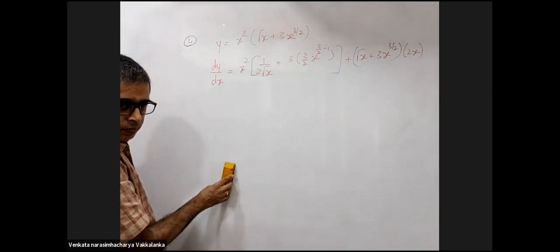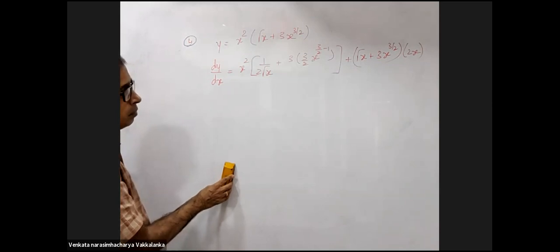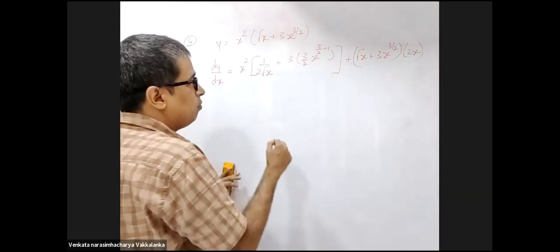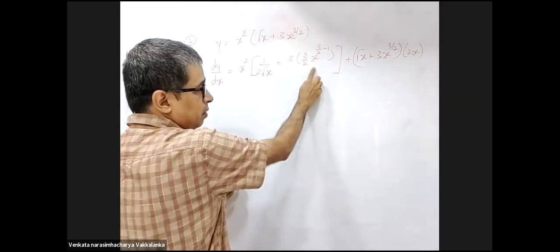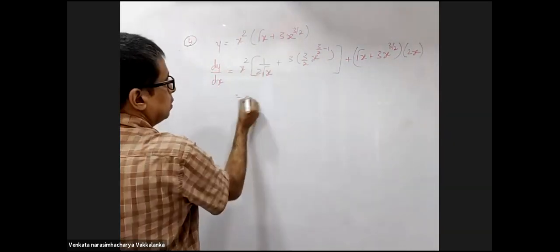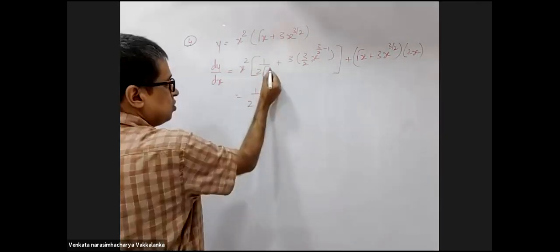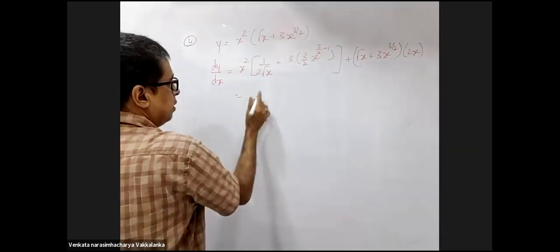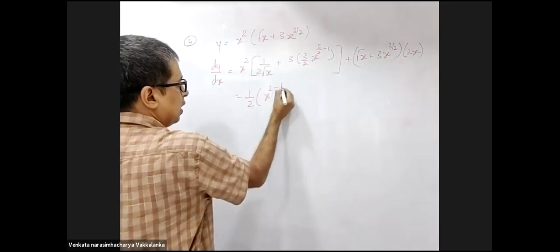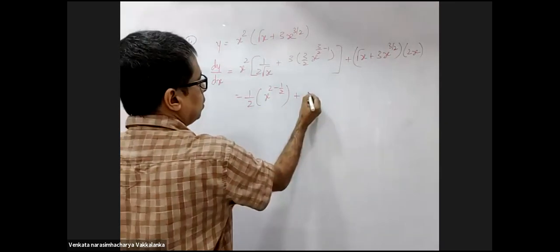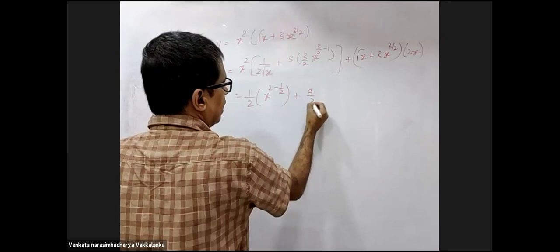So can you please expand this one? Which one do you want? X square into this, the first part of it. 1 by 2, this is x to the power half, right? x to the power 2 minus 1 by 2 plus 9 by 2.